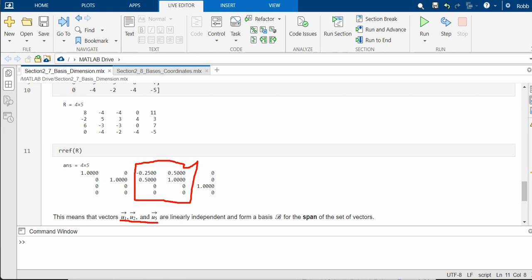I want to be clear, we have 3 pivots: 1, 2, and 3. So we have a 3-dimensional subspace that is spanned by these vectors, and a basis for that span is the vectors u sub 1, u sub 2, and u sub 5.